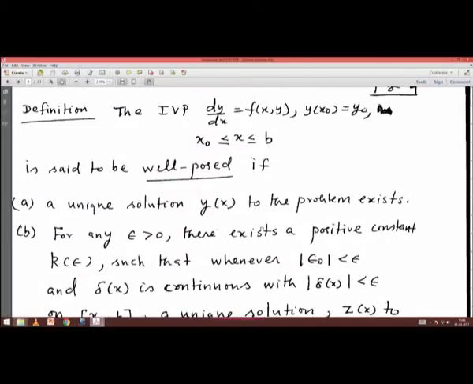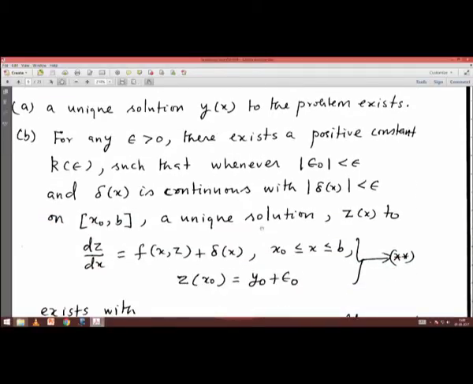The initial value problem, the original problem, is well posed. When is it well posed? If the original problem has a unique solution, number 1, that should be satisfied.